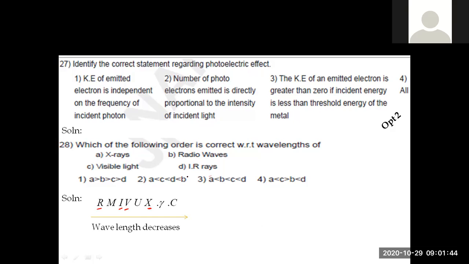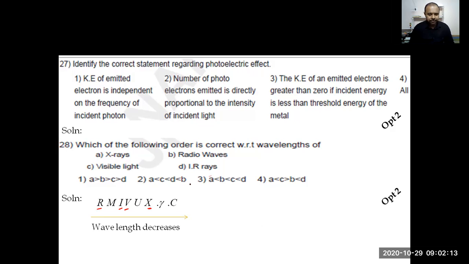So in all the options it's D, but only in the second option it's B. I'm just explaining the concept. So when I say R mu gamma C, only radio waves come the highest. So the highest wavelength should be on the right-hand side. B is there only in option 2. Correct, no? So it is option 2.